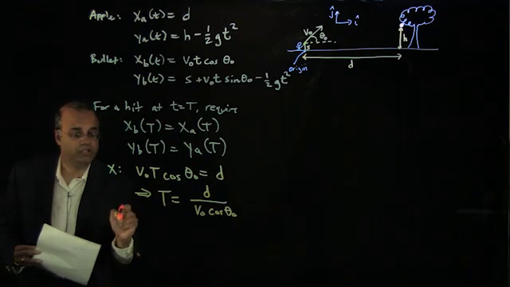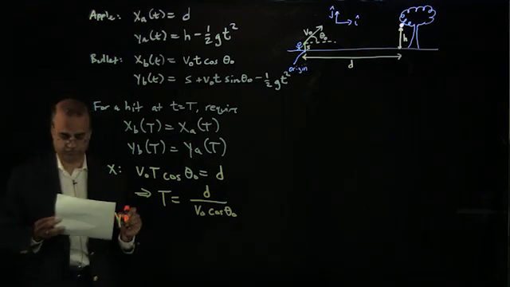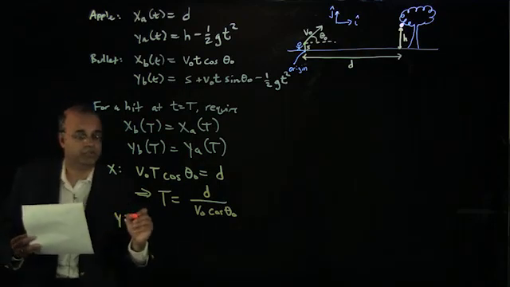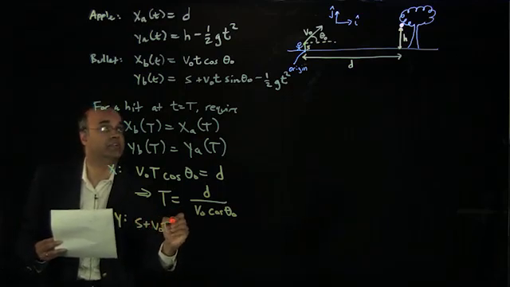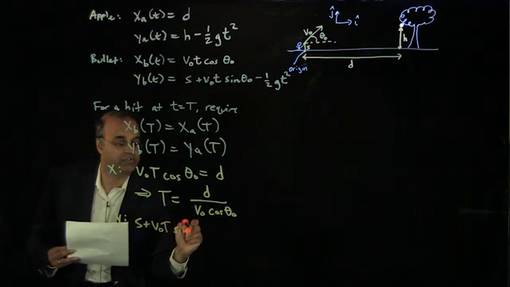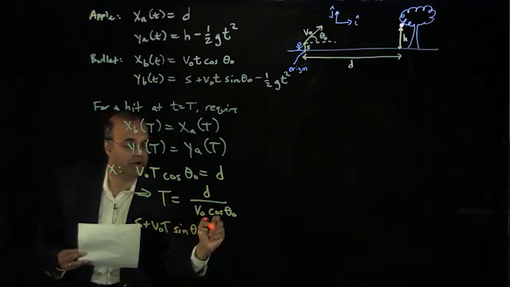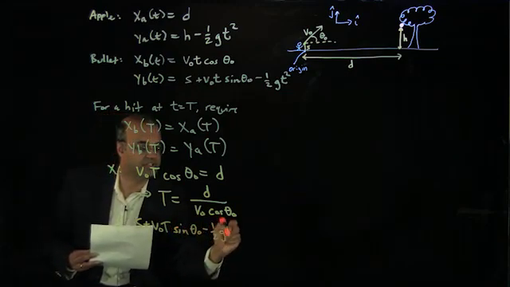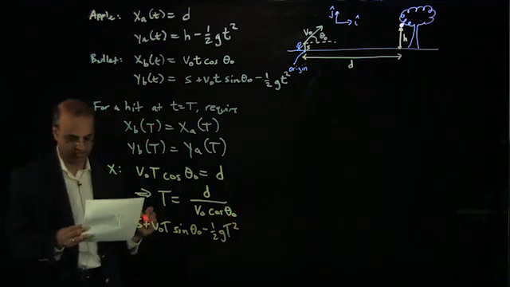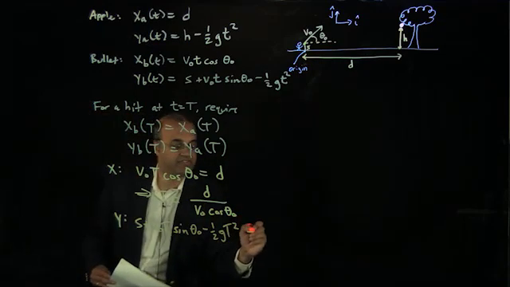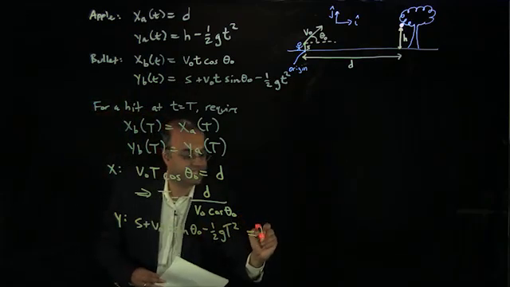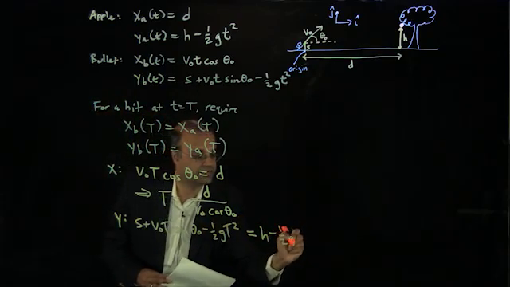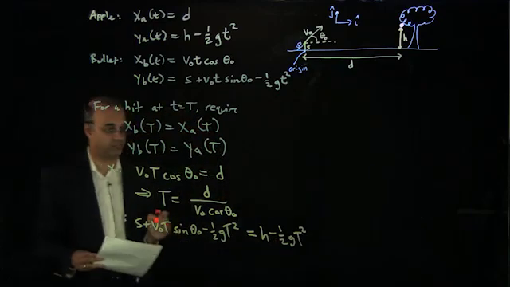Now for our y coordinate, the y coordinate of the bullet is s plus v0 capital T times the sine of theta naught minus 1/2 g T squared. And that's equal to the y coordinate of the apple, which is h minus 1/2 g T squared.